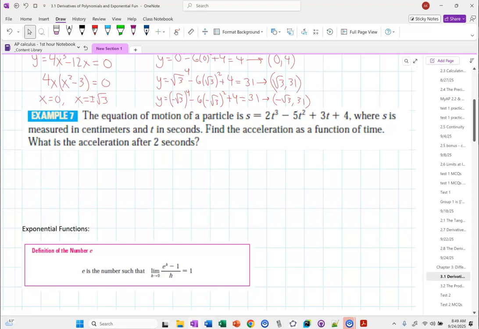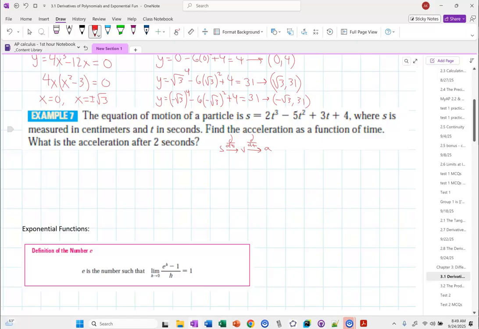Acceleration is the second derivative of position. So you have position, you take the derivative, you get velocity. You have velocity, you take the derivative, and you get acceleration. Everybody okay?